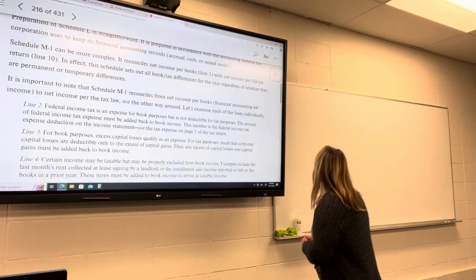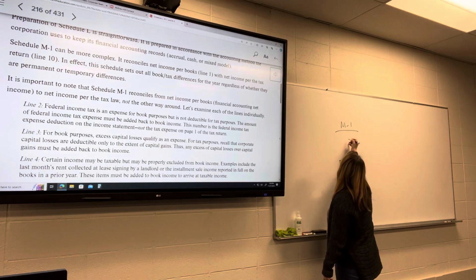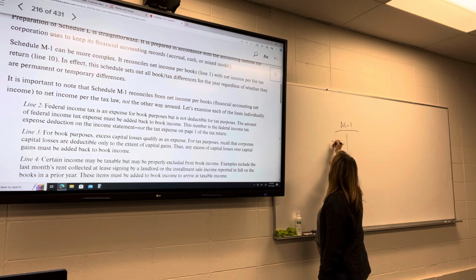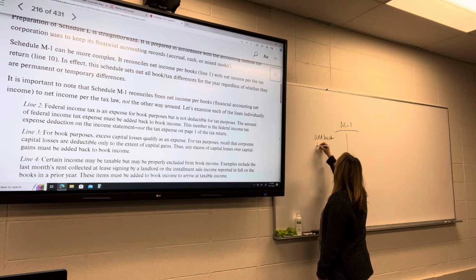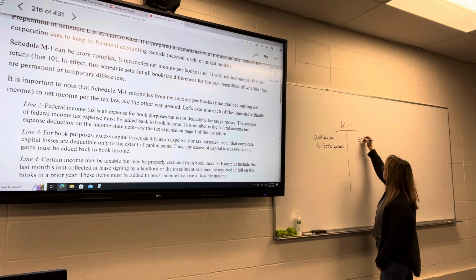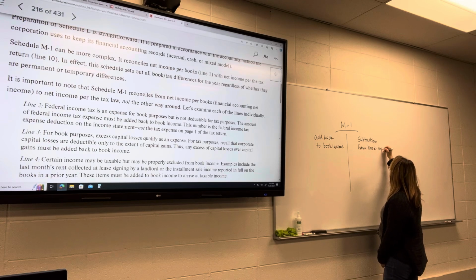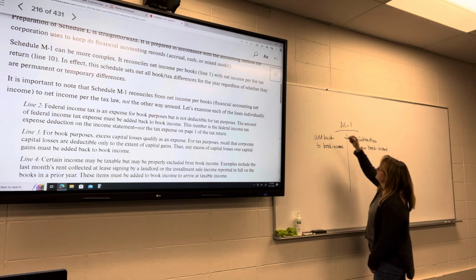So everything on the M1 on the left-hand side is an add back to book income. And everything on the right-hand side is a subtraction from. Okay, so again, we're going to start here.